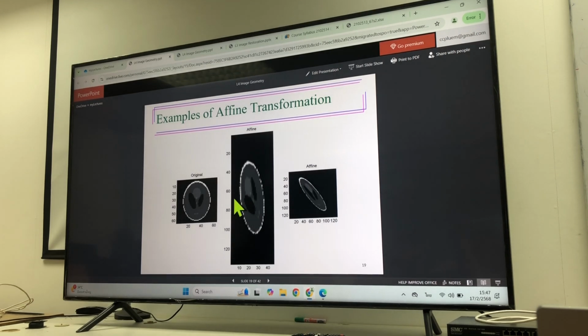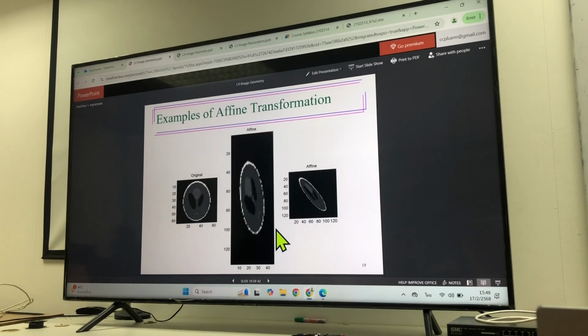This is an example of affine transformation: you change from this shape into this shape. In MATLAB, I will tell you how to do it later.